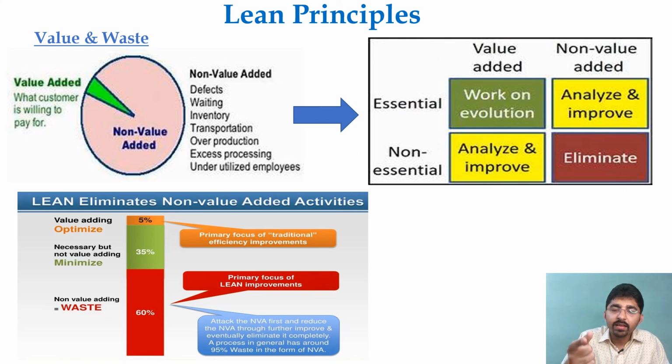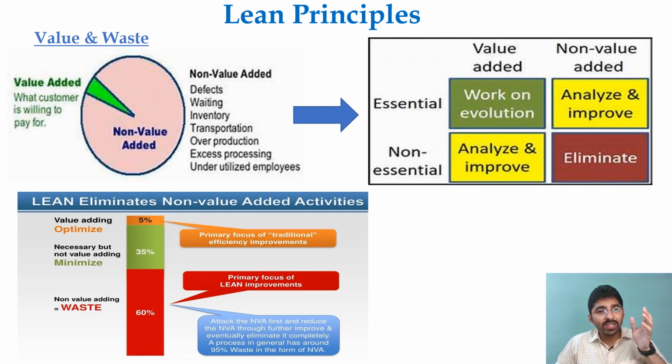When it comes to non-essential but value added, for that also we need to analyze and improve. But when non-essential is clubbed with non-value added, for that we need to eliminate. I hope this is clear. So this chart you need to keep in your mind when you work in a particular process: what are the value added and what are the non-value added activities?